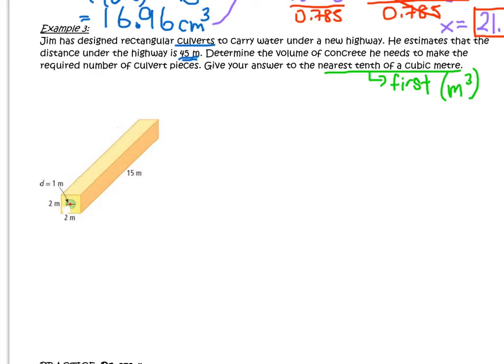So I had to look this up too, that weird word that Omar was stuck on. What is a culvert? And basically that diagram is showing you the entire culvert. A culvert is just basically a slab of rectangular concrete with a pipe running through it. So the pipe running through it is this circular part right here. That's a cylinder.